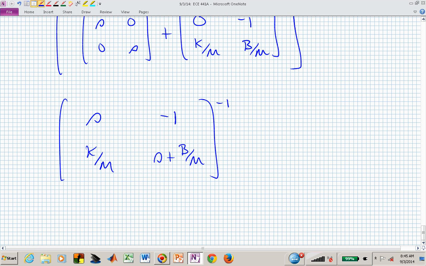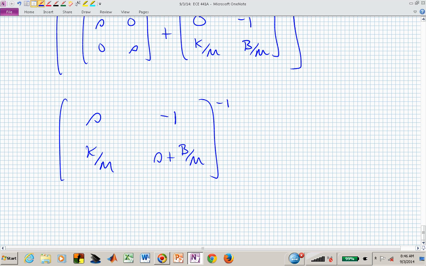So this is now 1 over the determinant times the adjoint matrix, right? And the adjoint matrix is the cofactor matrix transposed. Okay, end of story. Let's go on.